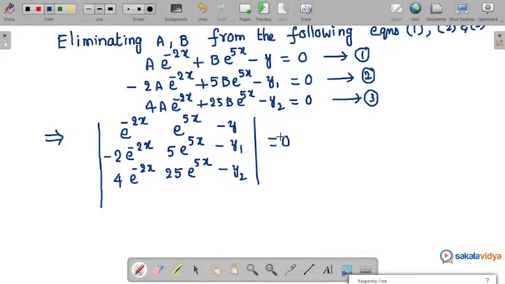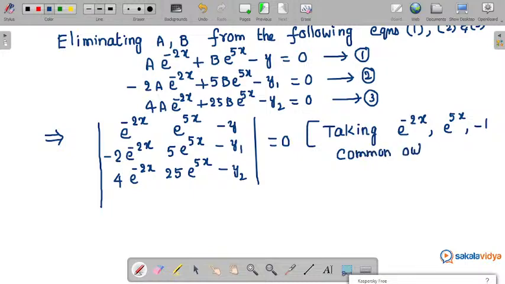So that means here e power minus 2x, e power 5x and negative 1, we need to take out common from C1, C2 and C3 respectively. So taking e power minus 2x, e power 5x and minus 1 common out from column number 1, column number 2 and column number 3 respectively.